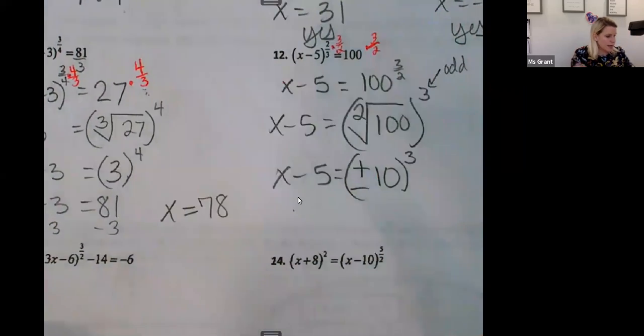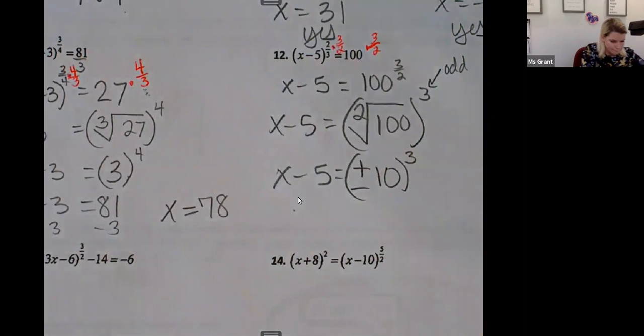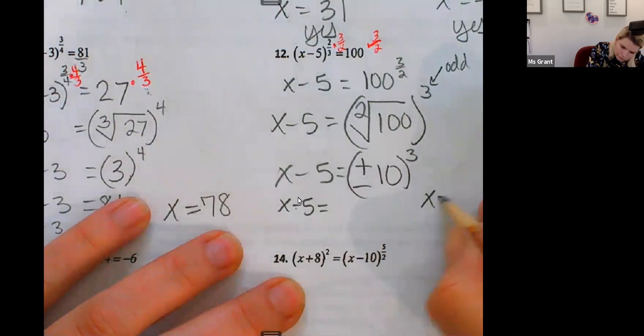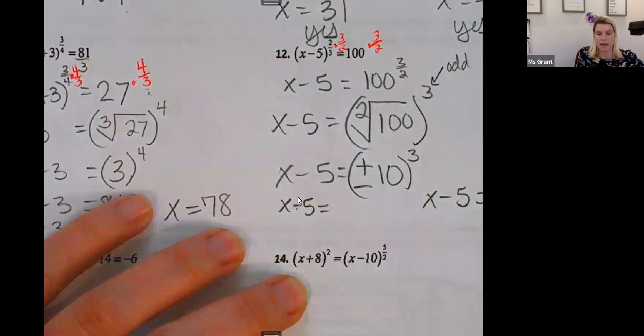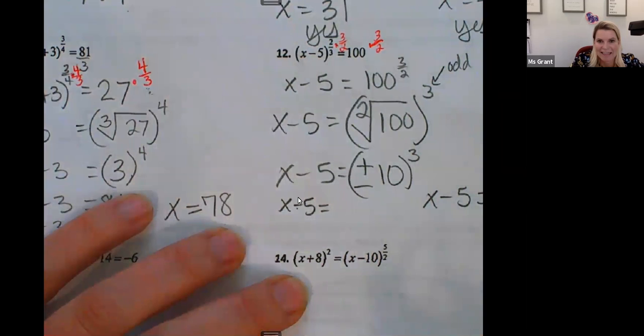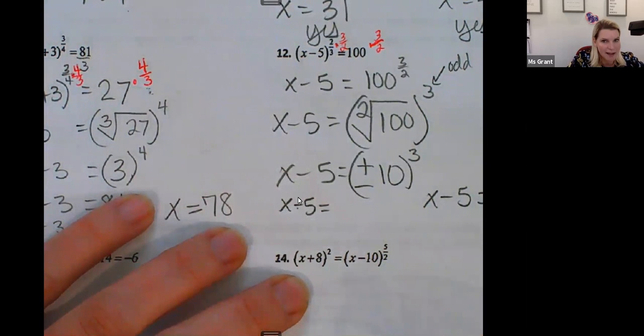Oh, and 10 times 10 times 10, right, is what? 10 times 10 is 100. Times 10 is 1,000.